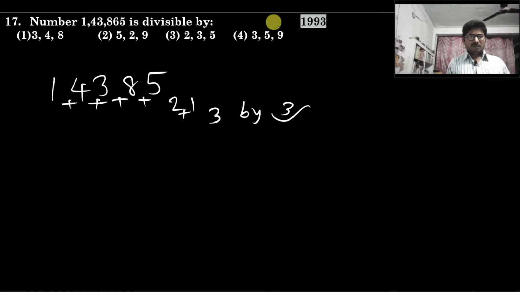Next, it is not divisible by 4; by observing we can identify that. So the first option is not correct. It is also not divisible by 2, so option 3 is also not correct. That's why this is exactly divisible by option 4.